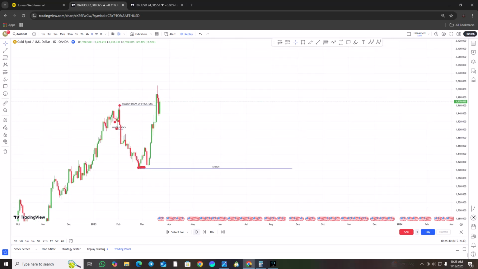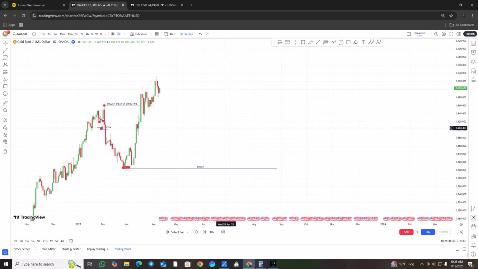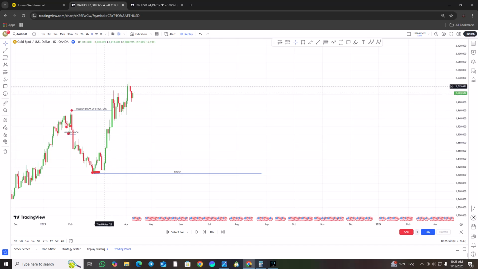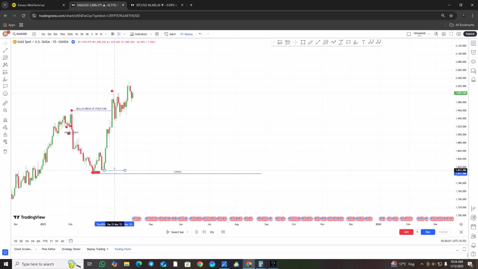CHOCH is nothing but change of character, but we have to look for minor chokes, that is the 3 candle pattern over here. If you look over here, this was the first high, right? For this high, the minor choke will be considered as X over here. Minor choke is nothing but X.